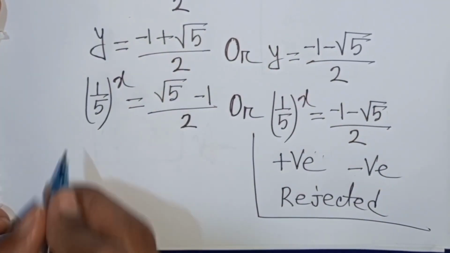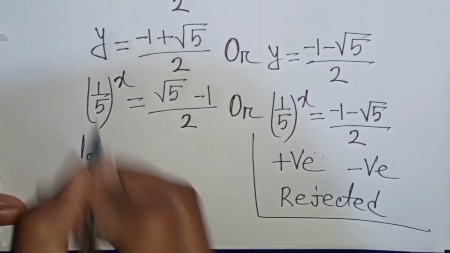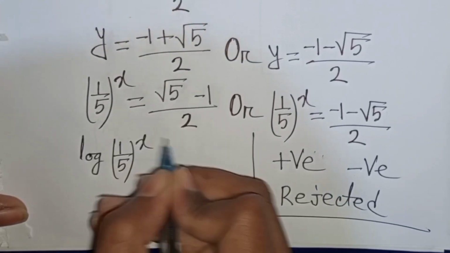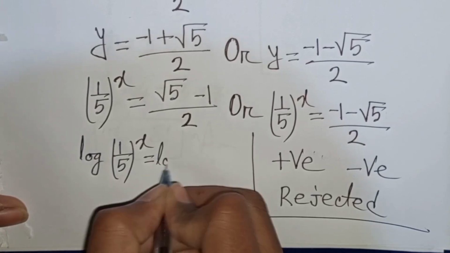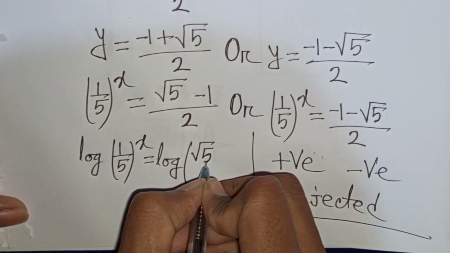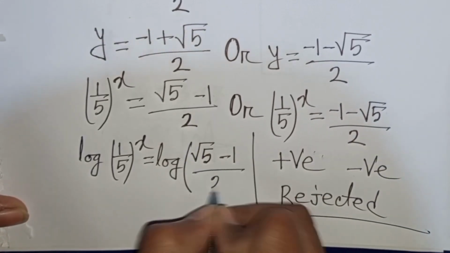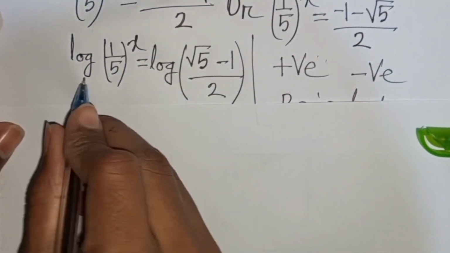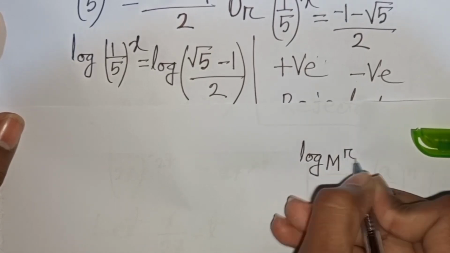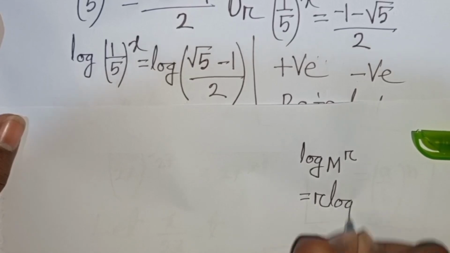Now from here we apply log on both sides. So you can write here log of 1 by 5 bracket power x is equal to log of a square root of 5 minus 1 divided by 2. Now here you can apply the rule that log m power r is equal to r log m.